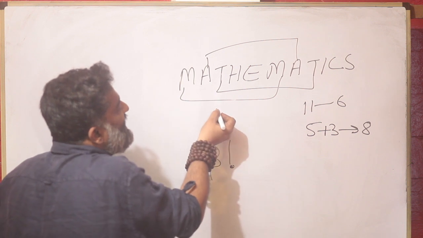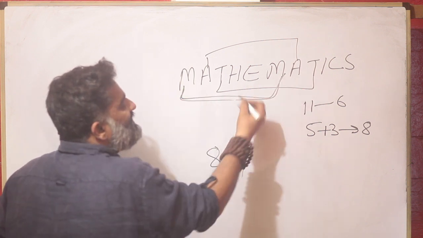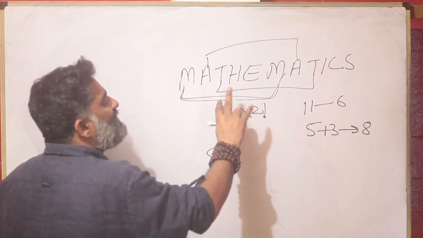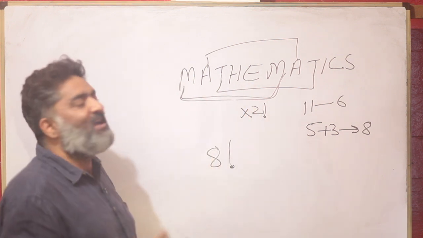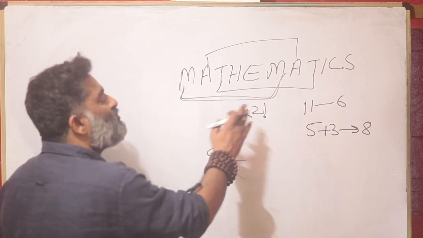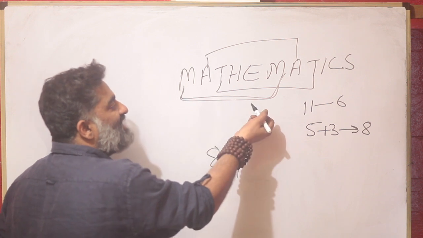Now if you look inside the box, the M and the M, there is no extra 2 factorial. Why? Because you cannot arrange the 2 M's in any other way. MM will remain MM, AA will remain AA, TT will remain TT. So you don't even need to do anything inside the box.